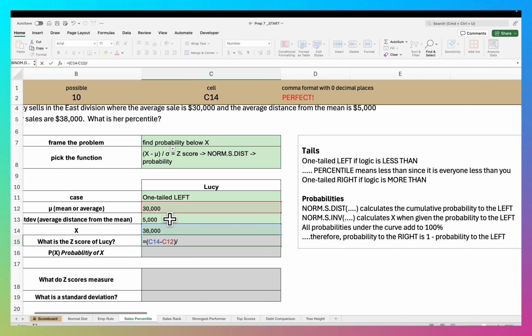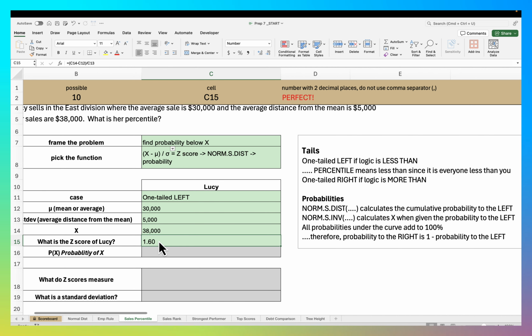And we're going to divide all that by the standard deviation. So basically it's the difference between my observation and the mean divided by the standard deviation. So basically it's that difference in standard deviations. Effectively we're normalizing it.